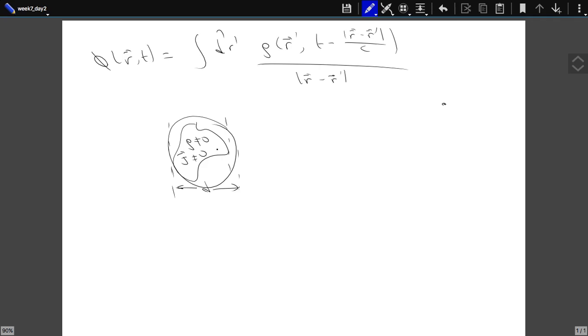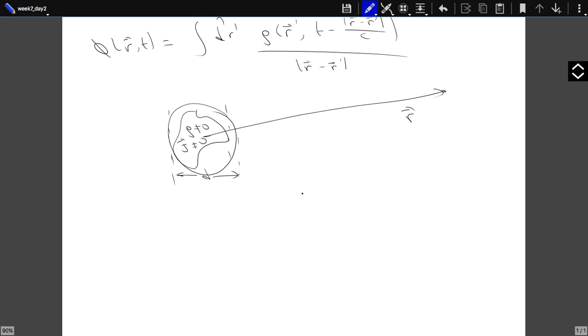So this is at a point, let's say this distance is r, so d is much, much smaller than r. And keep in mind that r prime, if this is our origin, is less than or equal to d, basically. So r prime is much less than r.